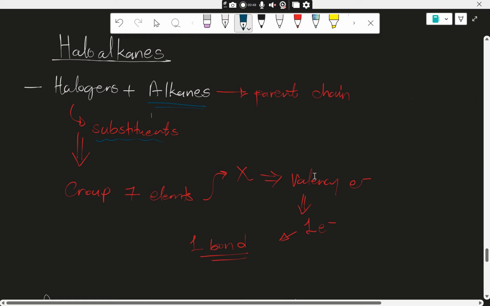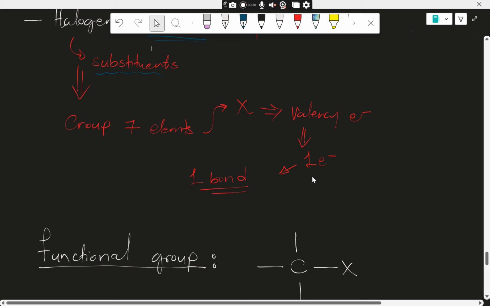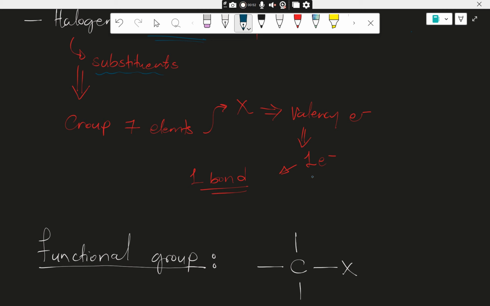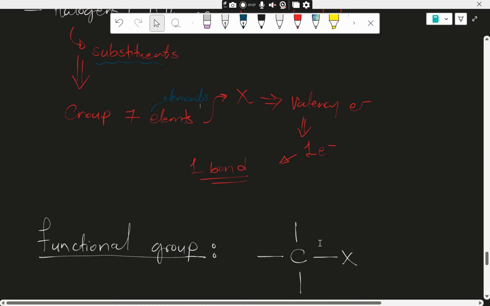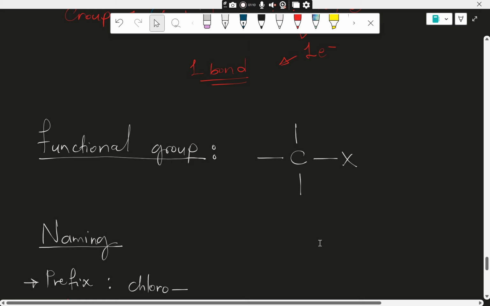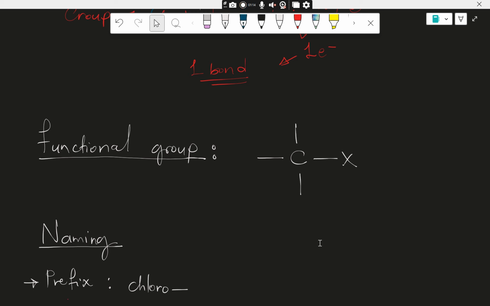So halogens, as we discussed in the last video, are group 7 elements, with a valency electron of one. That means they can only form one bond. So the functional group of alkanes with halogen substituents will be C and an X at the end there.